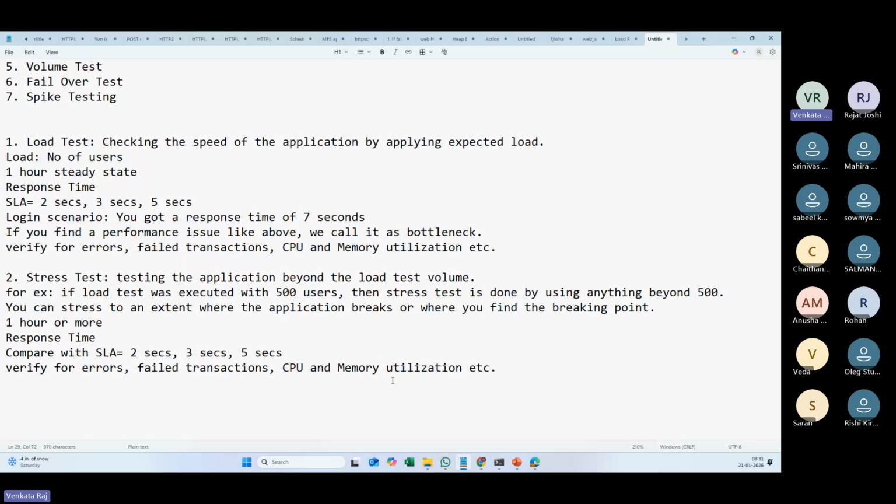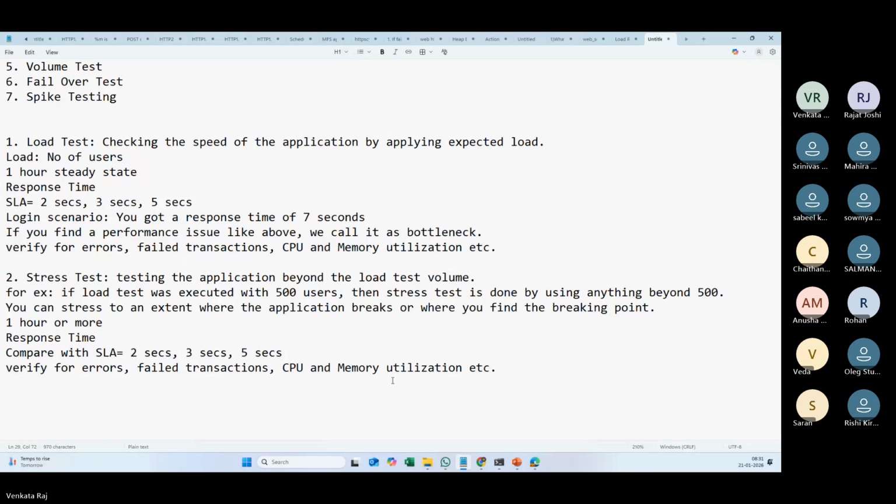It again depends from project to project. In some projects, the client will let us know whether to run a stress test to find the breaking point or not, or the client will have some number. Like the max number of users we might get in production might be 1,000 or something like that. So can you test till 1,000 users?